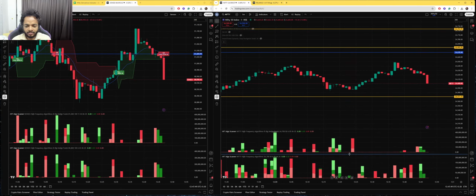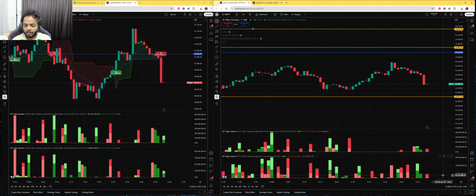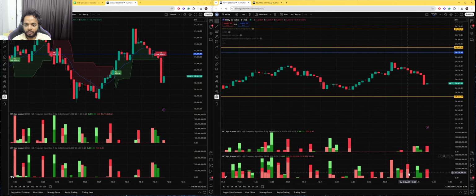Also, let's change one of the ATMs. Let's make it 24/6. With respect to 24/600, I think they shorted.